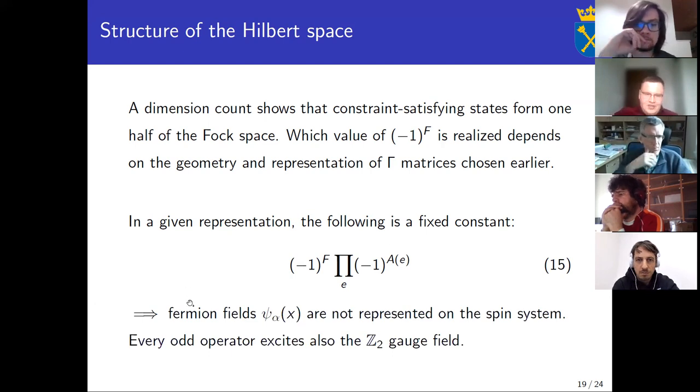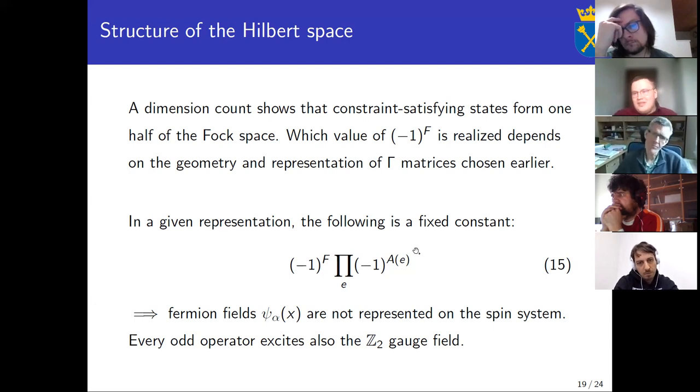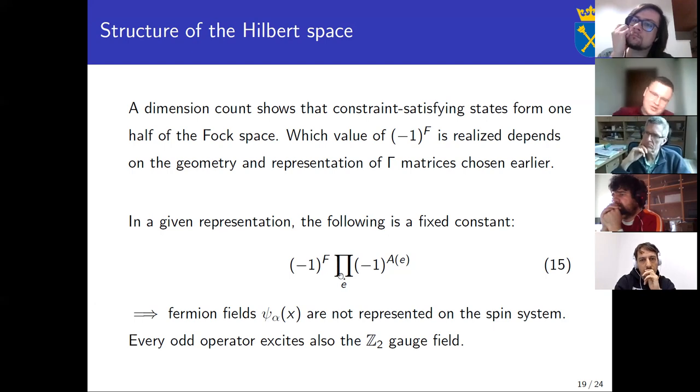Now this means that there is no way that fermion fields could be represented on the spin system, because fermion fields change the value of (-1)^F, but they don't change the gauge field. So the only thing that can be represented is an operator which creates a fermion, but also creates some gauge field. Every operator which creates or annihilates an even number of fermions is represented, but for just creation of one fermion, it always creates some lump of gauge field.